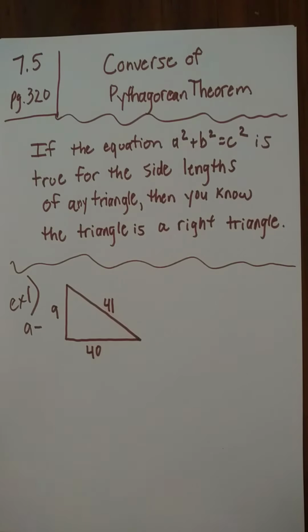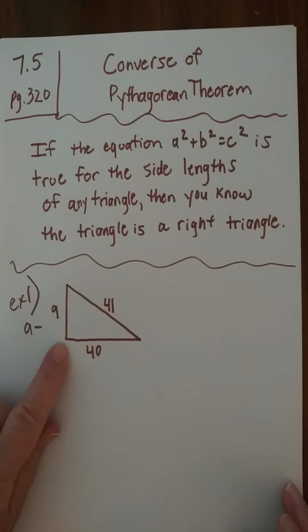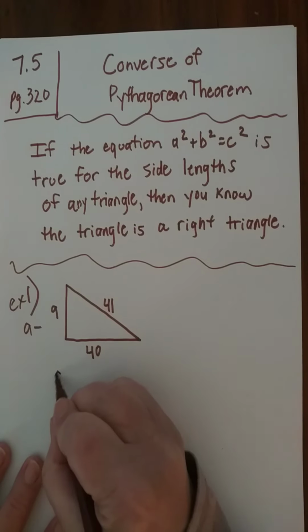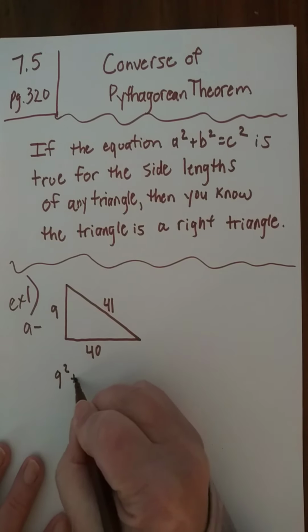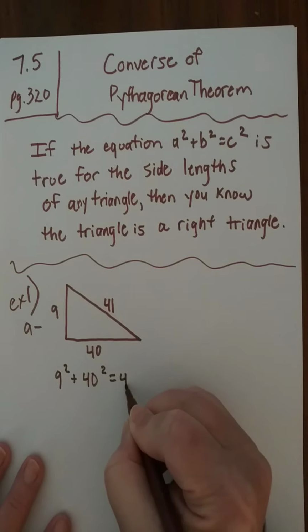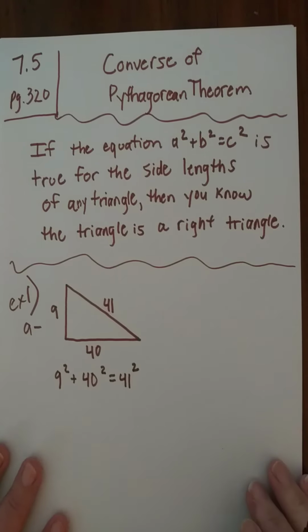We're going to test it using our Pythagorean theorem. They give us the hypotenuse, which is c. Remember, a and b are the two legs, the ones we think are connected to the right angle. So 9 squared plus 40 squared will equal 41 squared.